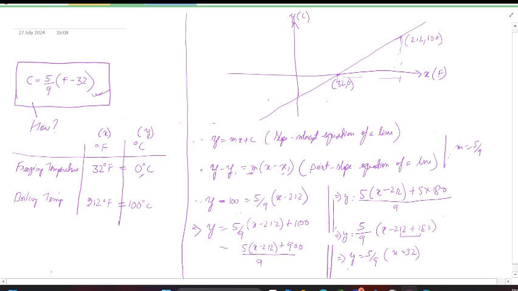Again, replace y with C and x with F. We get C equals 5 by 9 times F minus 32. So again, this equation and this equation are the same. This is how we can derive the conversion formula from Fahrenheit to Celsius.